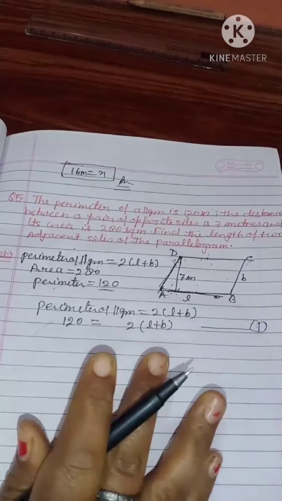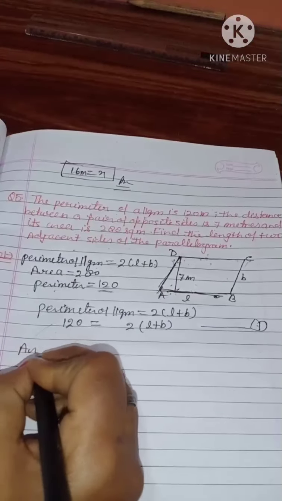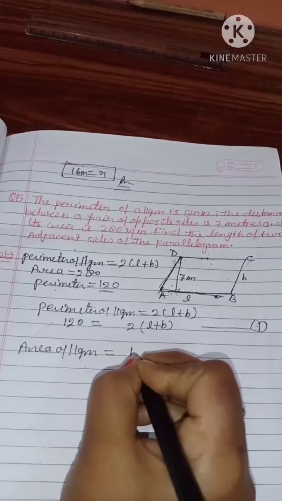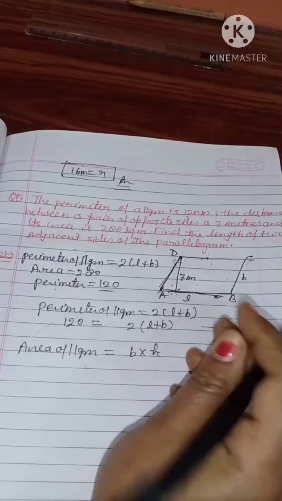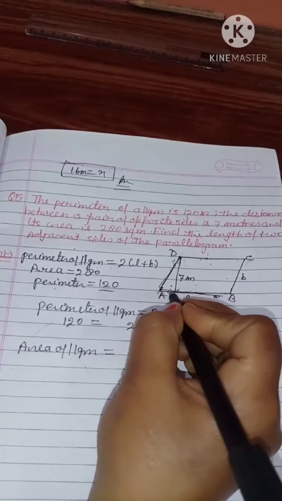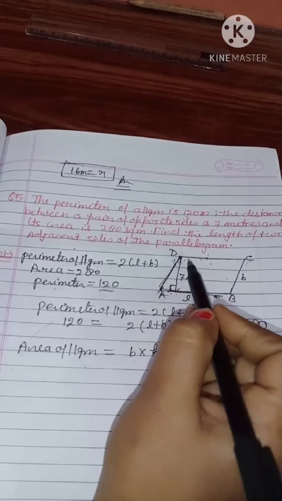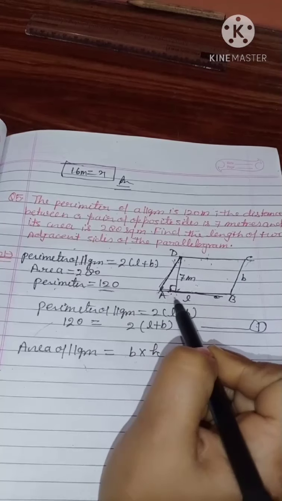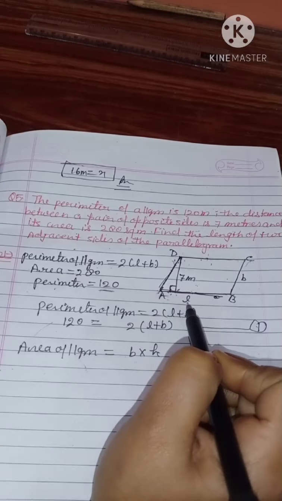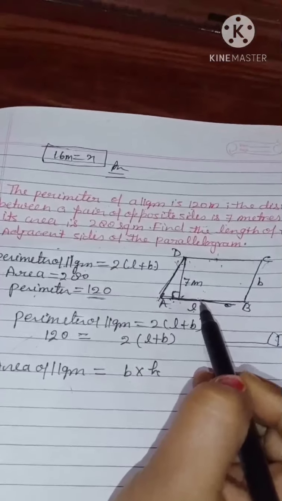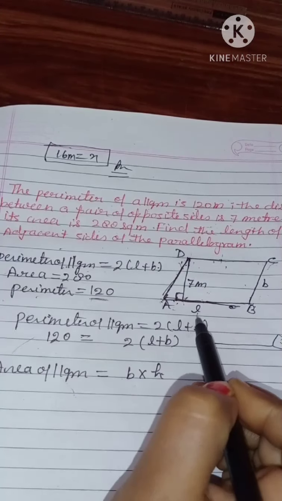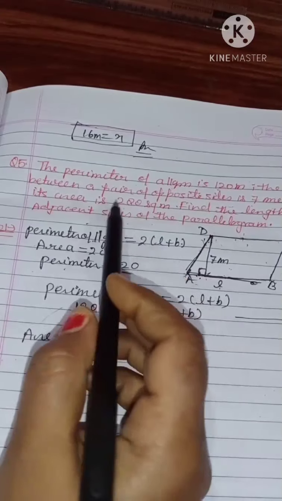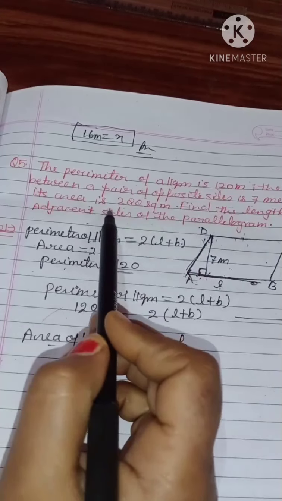And area of a parallelogram is equal to base into height. Here the height is perpendicular on it. Which side can you take as base? AB, and we have taken its measurement as length. So the area of the parallelogram is 280.